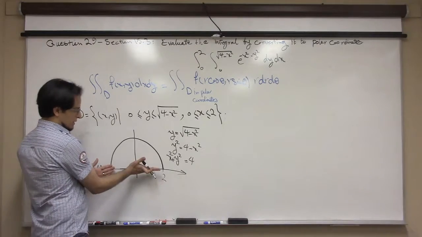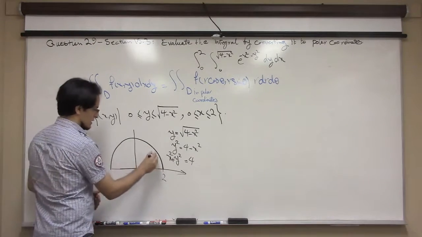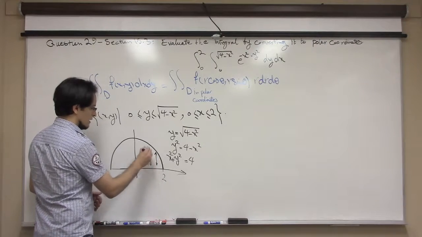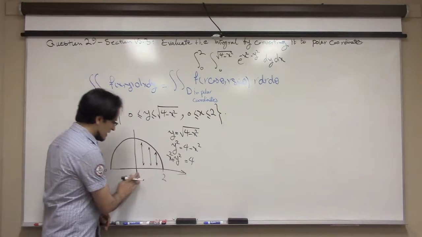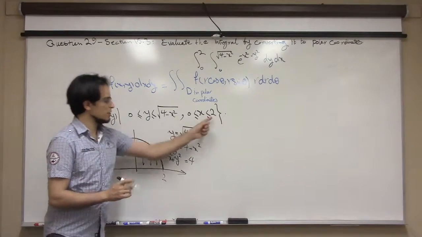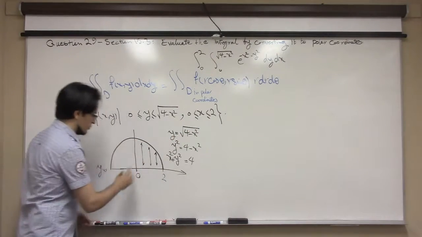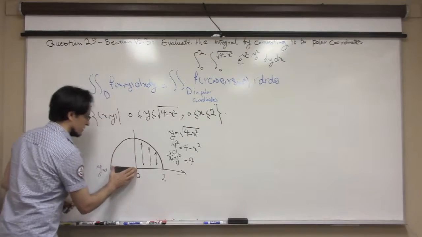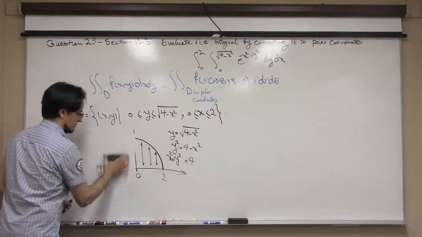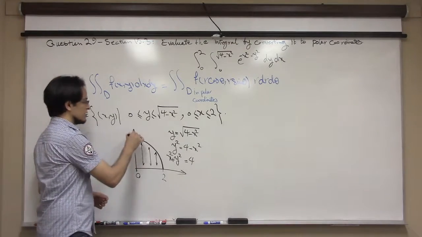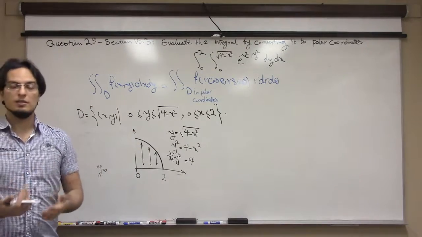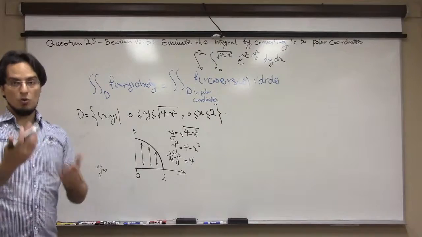What about other boundaries? y is from here to this, so this is y. What about x? x goes from 0 to 2. So my region is exactly this part. Now that I have my region, I can try to rewrite my region in polar coordinates.